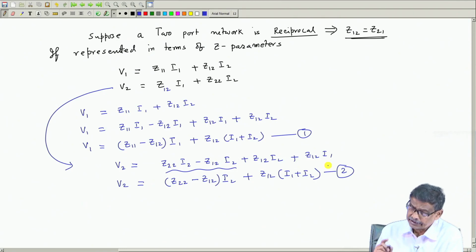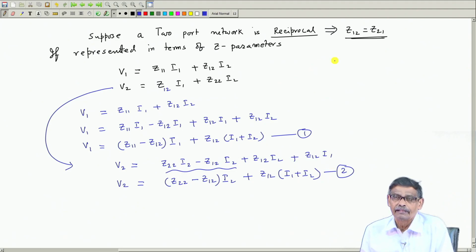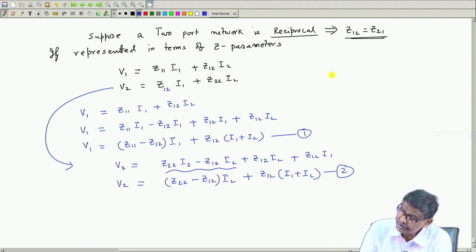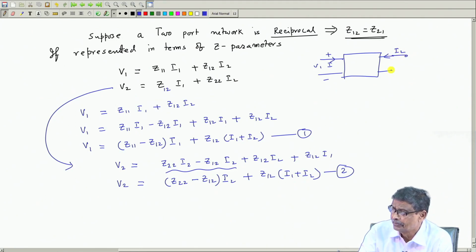Now, in this 2-port network, I do not know how the impedances are connected. Actual networks we have shown with some example earlier. Plus minus V1, these are the terminal voltages and currents I am only measuring and trying to model in my own way, whether Z parameters, H parameters or things like that.